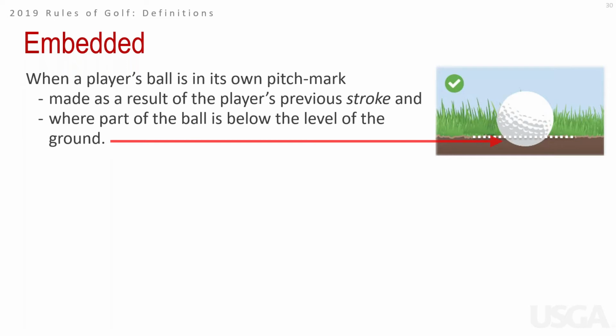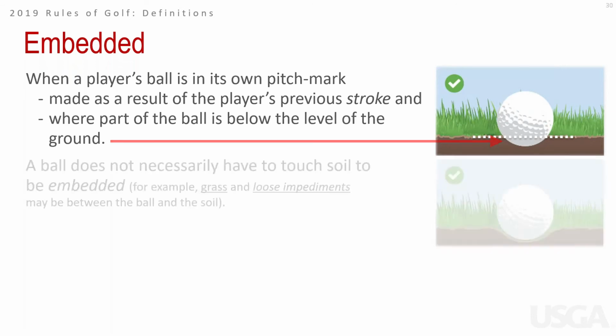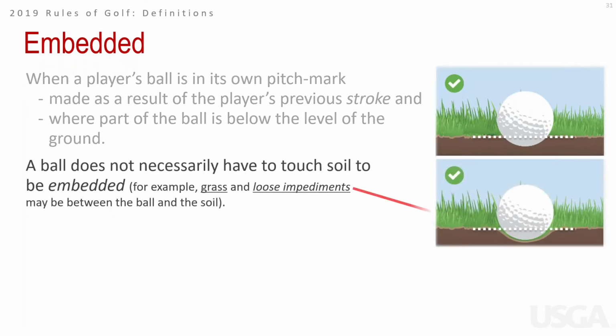One of the things the rules say is that the ball has to get airborne for the ball to be embedded on the previous stroke. But you can see here in this example that part of the ball is below the surface of the ground. And as you can see in our next example, a ball doesn't necessarily have to touch the soil to be embedded.